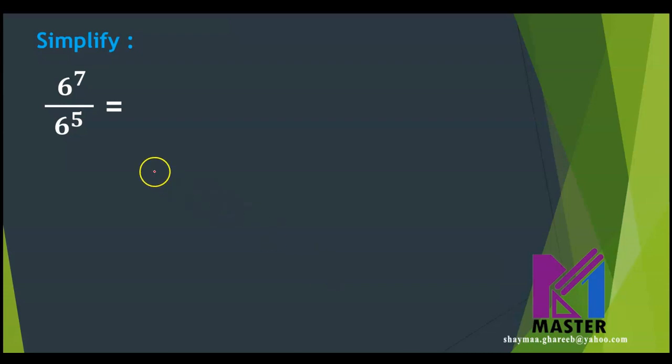Now let's see a different example. What if I have a fraction? What do you remember about fractions? All fractions can be written as a division sentence, which is the numerator divided by the denominator. So 6 to the power of 7 over 6 to the power of 5 is exactly the same as 6 to the power of 7 divided by 6 to the power of 5.